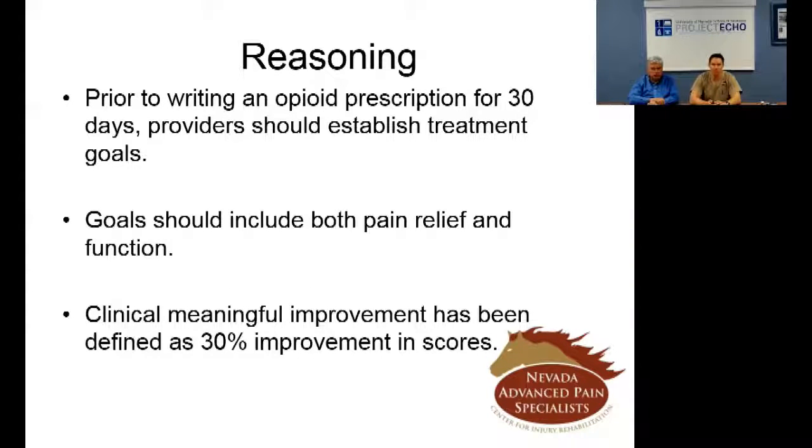They say that prior to writing this prescription, providers should establish treatment goals, and the goals should include both pain relief and function. They also state that clinically meaningful improvement has been defined as a 30% improvement in these scores. So that's nice that they're defining what clinical improvement is. A lot of us would probably think they'd expect 50% or better, but they say 30% is adequate.